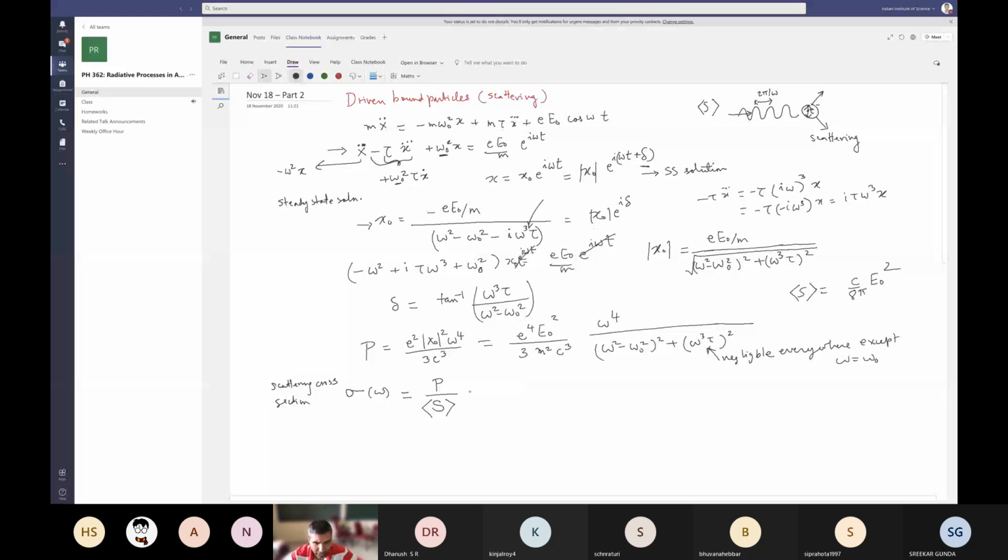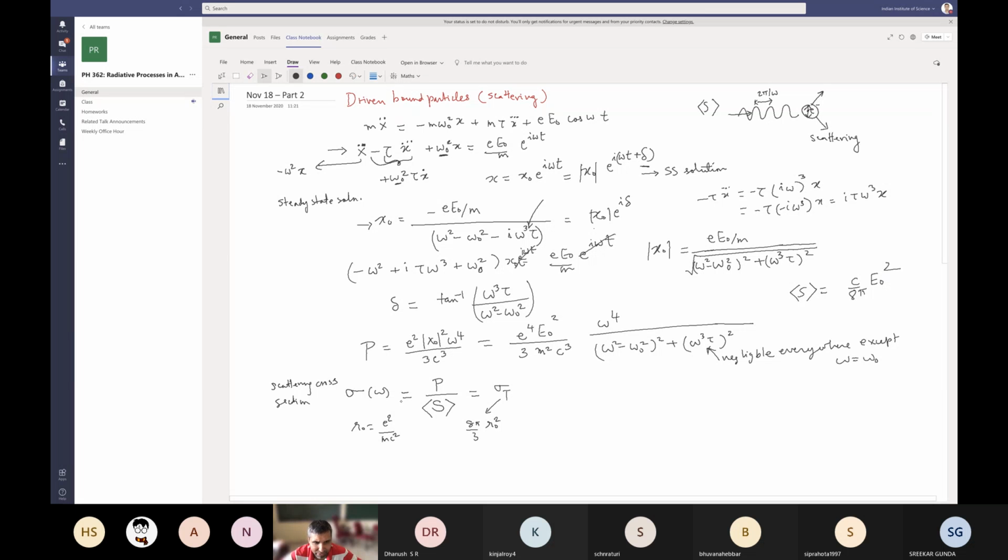We get 8 pi. Let me just write down the expression and then let me tell what that should be. So what we get is sigma t, the Thomson scattering cross section. If you recall, this was nothing but 8 pi by 3 r naught square, and r naught was e squared by m c squared.